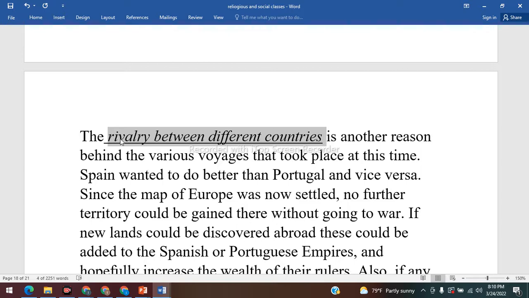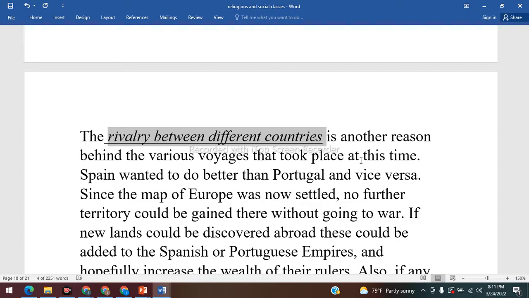Yeah, enemy, right? So rivalry between the different countries is another reason behind the various voyages that took place at this time. The countries were not so much at war as at competition. That's a better word. And Spain wanted to do better than Portugal, and Portugal wanted to do better than Spain.